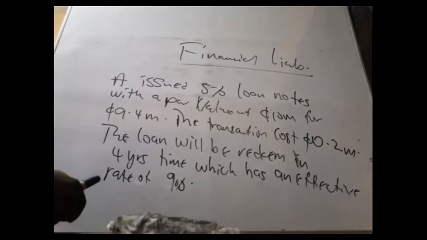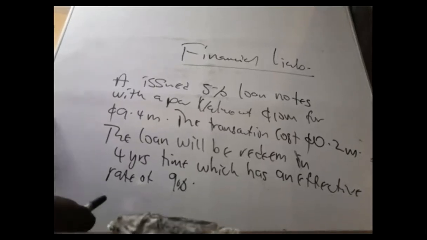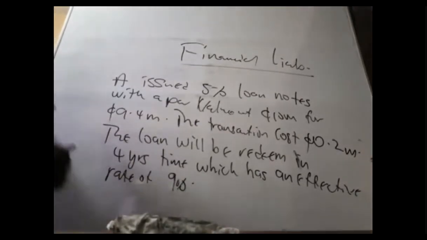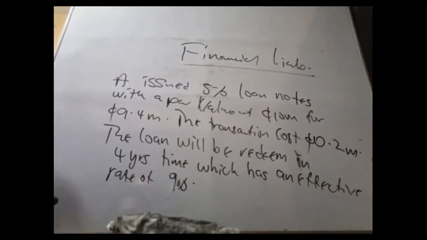It could be administrative charges, broker's fee, processing fee. Before the stock market processes your bonds or your loan notes for you, you need to pay a fee or a commission to them. So all these commissions should be netted off against what you are receiving. At the end of the day, if the value is supposed to be 10 million, and you have to pay the brokers, those that deal with the loan notes for you, those that made the sale for you, you end up receiving a little.